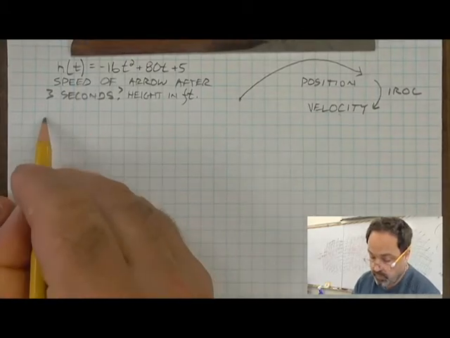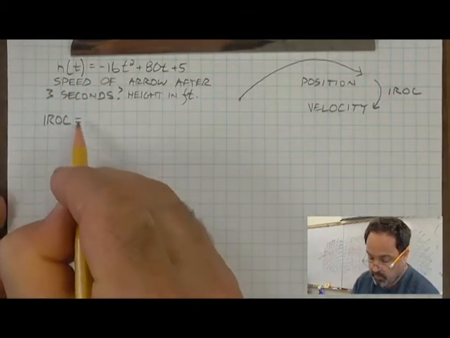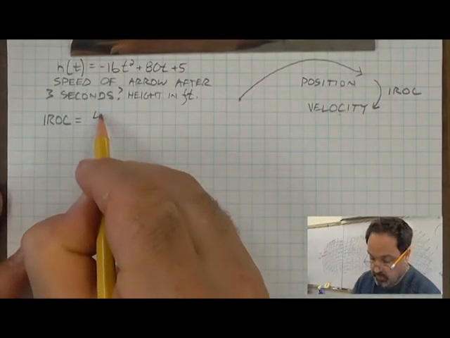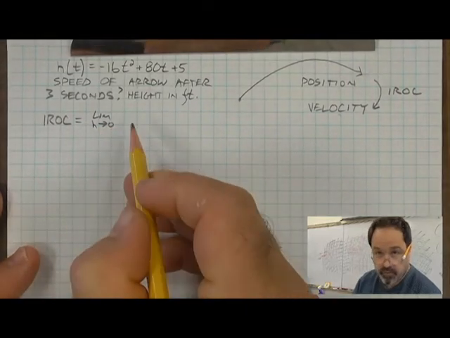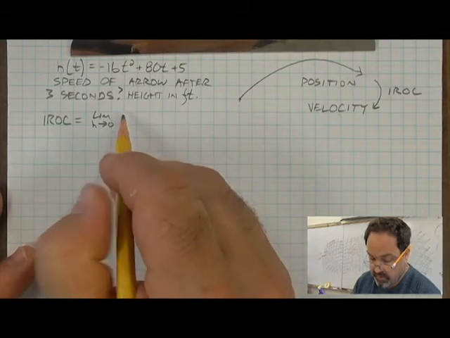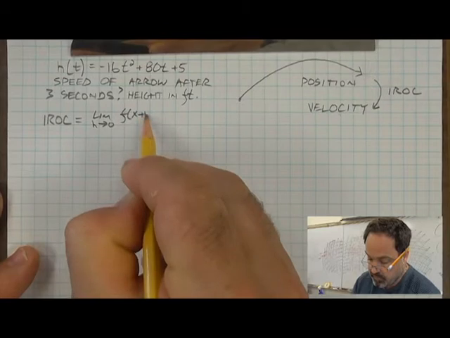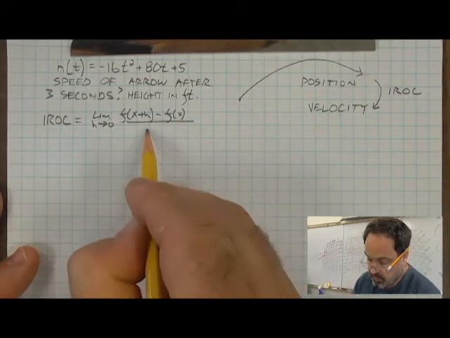So we're going to do an IROC problem. And we're going to start, as is generally good to start these problems, with the general expression first. The general expression for IROC is the limit as h goes to 0 of the function at x plus h minus the function at x all over h.